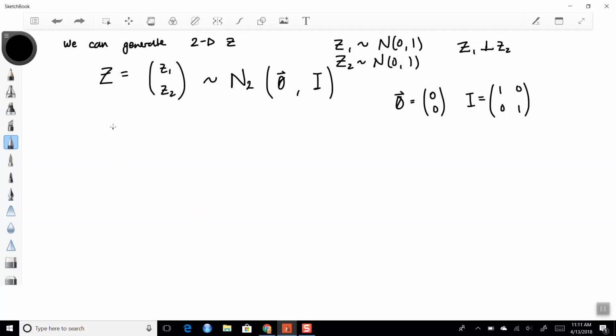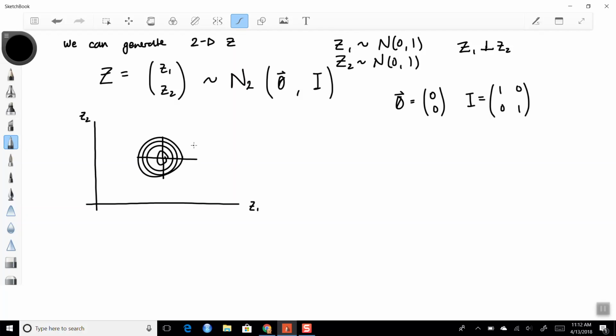Okay, if we were to graph this, draw this. Okay, so if I got Z1 and Z2, I would just have these concentric circles, right? It's kind of hard.